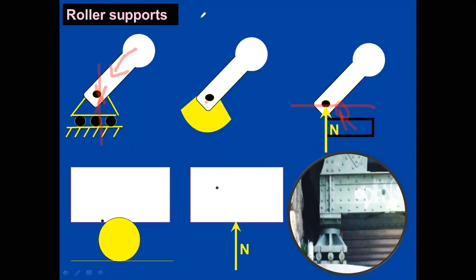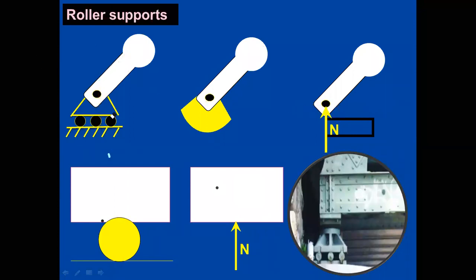In the small example I have shown here, a small roller support has been rested over a beam. How will the reaction develop? The reaction will develop exactly perpendicular to this contact surface. The beam is transferring the load coming over this entire structure vertically downwards, so this support will also develop a reaction against it.